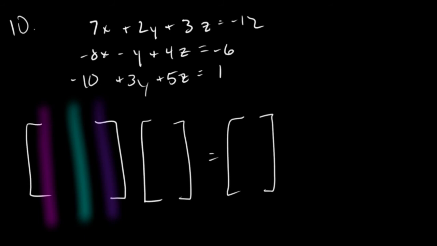So that means that this first number that goes here should be the coefficient of the X in your first equation. That happens to work out. You've got x, y, z, x, y, z, x, y, z, right? But it's not always going to be the case. Sometimes you might miss a y here.